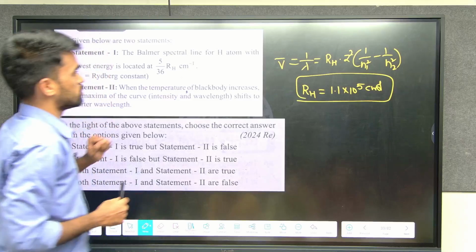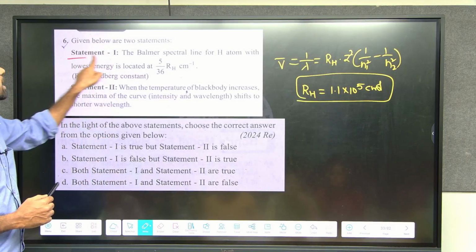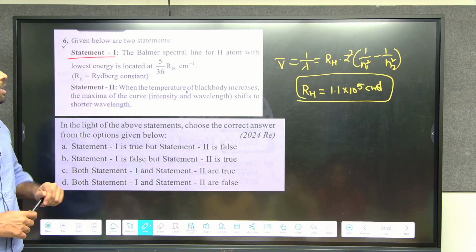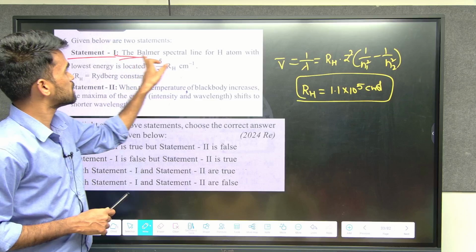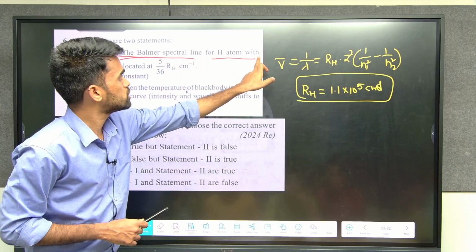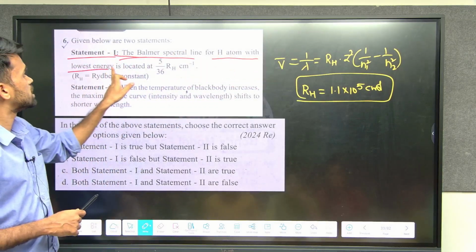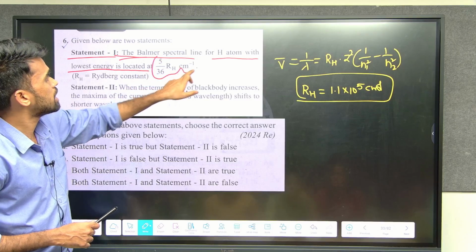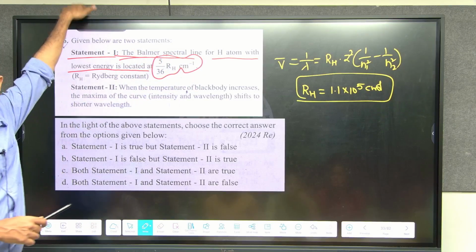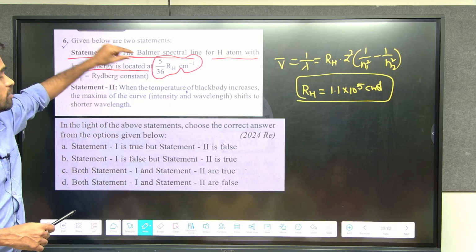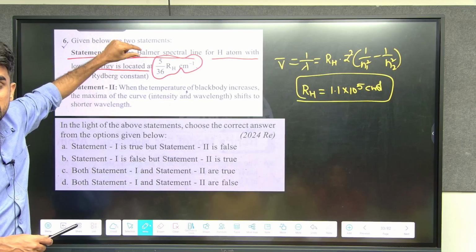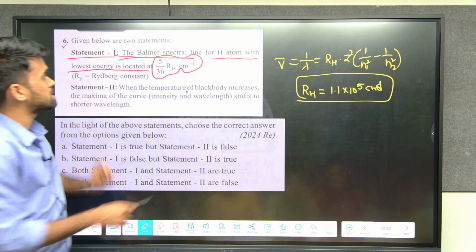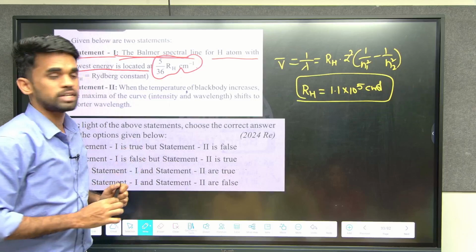So now read the question once. Statement 1 says the Balmer spectral line for hydrogen atom with lowest energy is located at 5/6 RH centimeter inverse. First, just try to verify whether this statement is correct or not. Balmer series means what are the numbers you should take?